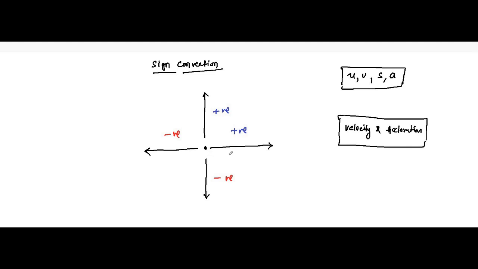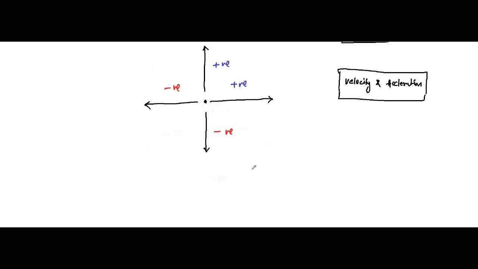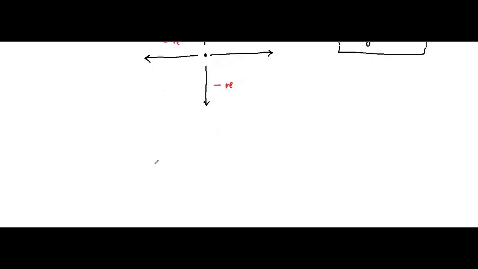Okay, so I will use a very simple and straightforward way to help you understand how to assign sign convention. Let us say we have a situation where an object is moving in a particular direction with a particular velocity u, and it is getting accelerated in that direction. Its velocity is going on increasing in that direction.